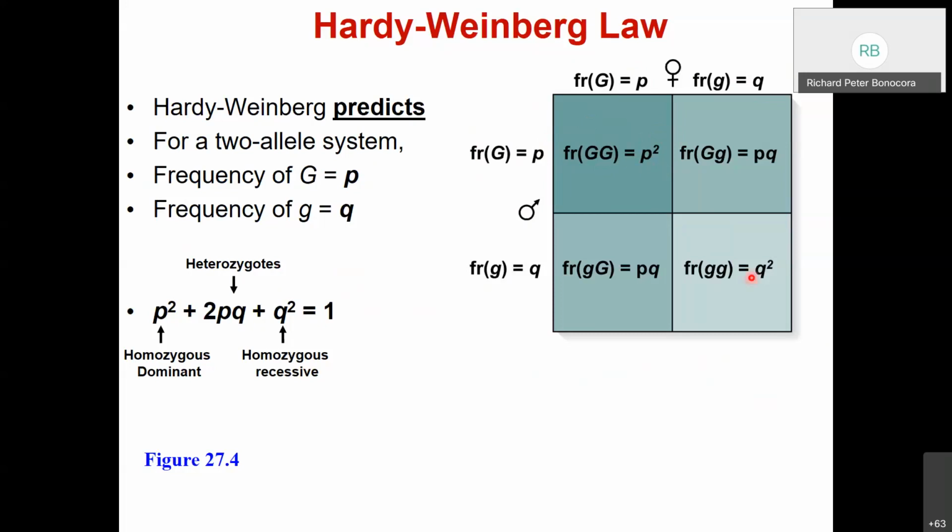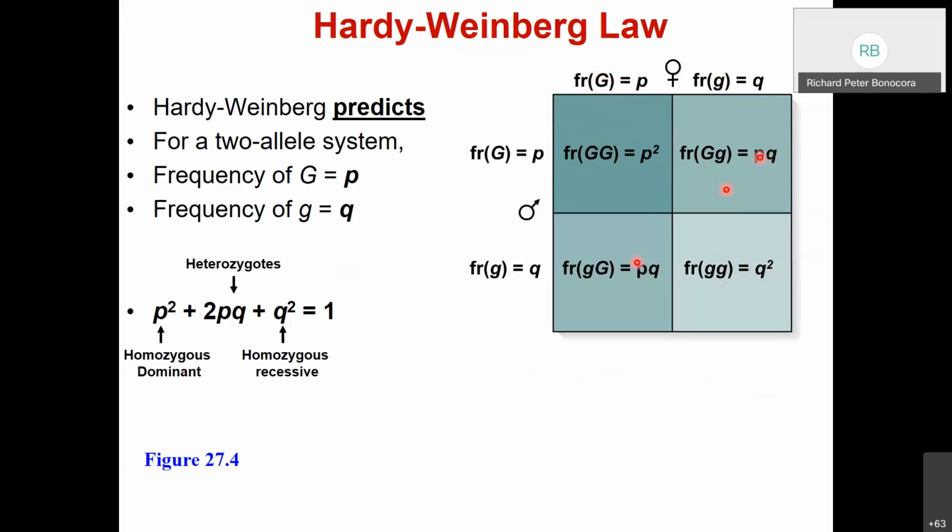The same is true if we look down to this quadrant for the recessive alleles, for the same reasoning. So we get q squared. Then for the heterozygous, there are two ways that they can occur. Either the dominant allele from the mother and the recessive allele from the father, which is p times q, or the recessive allele from the mother and the dominant allele from the father, which is q times p.